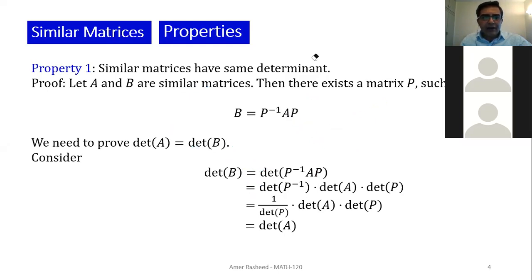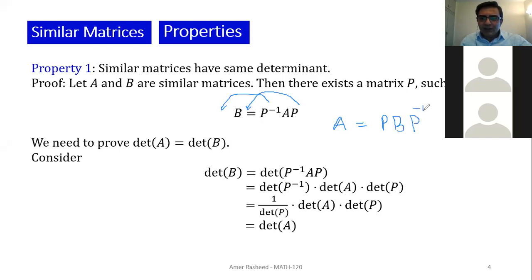Now, how can I prove it? I can write A is equal to, I took this P inverse on the other side, and we can write this P, and then again I took P here on the other side. I can write B and then P inverse.